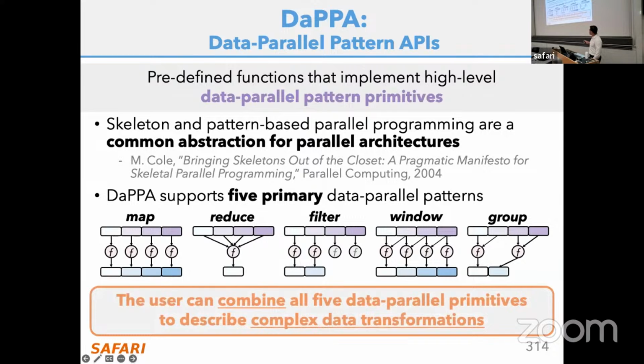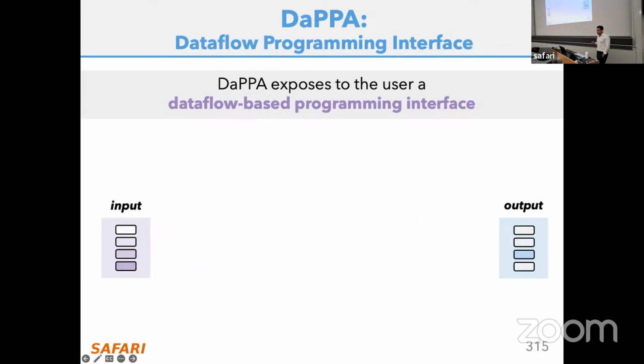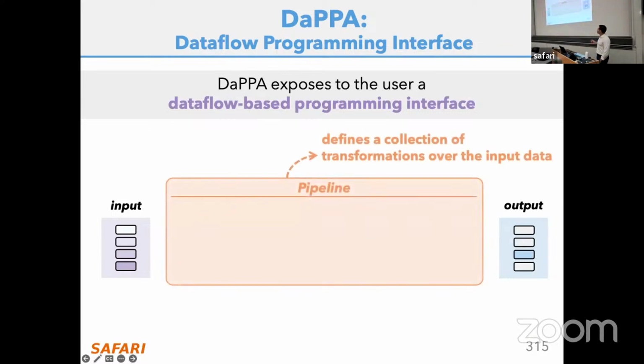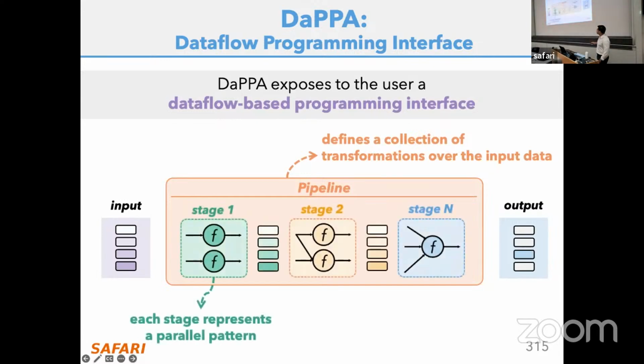And then you can combine those different parallel patterns to do some form of computation. The way that this works is we have this concept of a pipeline, and this pipeline allows you to do different transformations across different stages, and each stage represents a different data-parallel pattern.